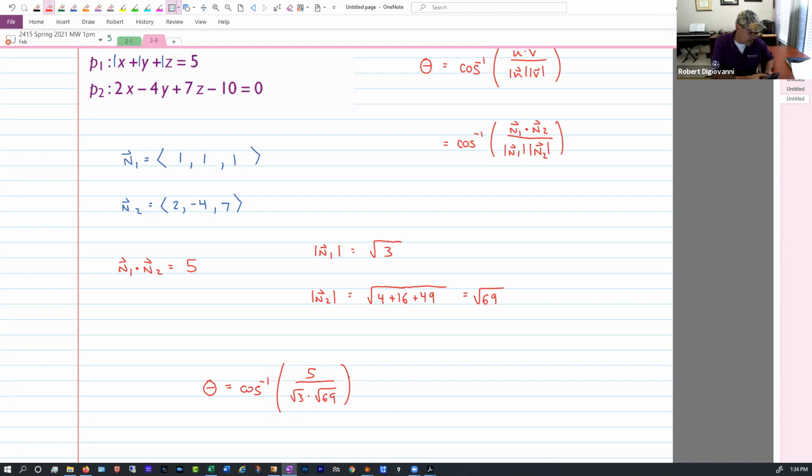I'm going to put my calculator in degree mode. The instructions did not say what to give the answer in, right? So when I give my answer, I'm going to let you know that it's in degrees. All right, so here we go. Oh, I did not switch it to degree mode. All right, now I'm going to do arc cosine.